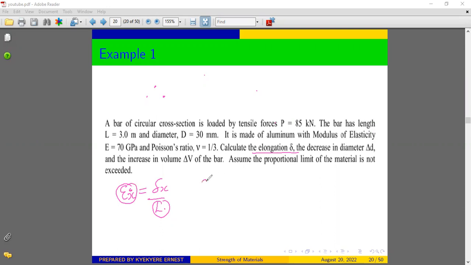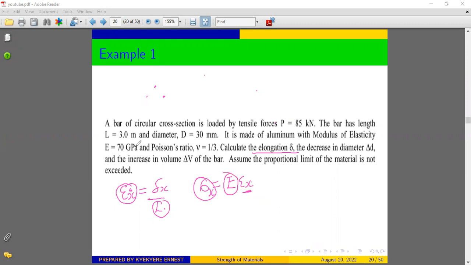But we also know that the stress is related to the strain by this formula. Therefore, if we can calculate the stress, then since we have been given the modulus of elasticity, we can find our strain.